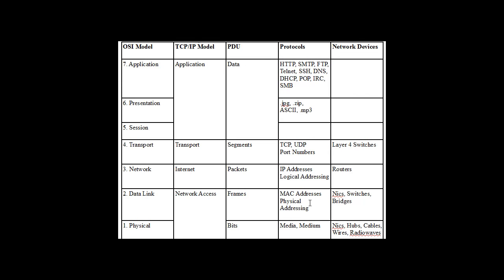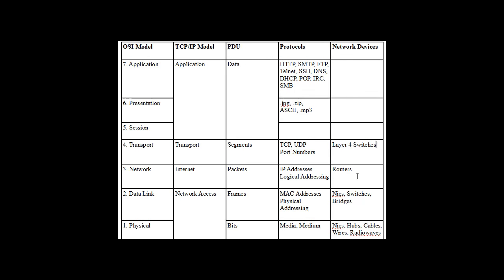Then at layer 4, I've put layer 4 switches. There is such a thing as a layer 4 switch, which is basically a switch and a router put together. It has ports for switching, and it also has router capabilities, interfaces for routing data out to different networks. Also, we have devices called firewalls.